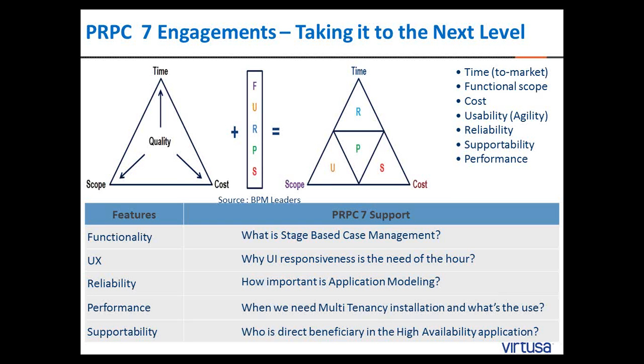However, in PRPC 7, most of these features, to a great extent, are taken into the platform itself. So developers are free to choose the way they would like to code their application without impacting the quality. So that's what Rain has suggested. And we see that this model fits perfectly well with the PRPC 7 architecture.